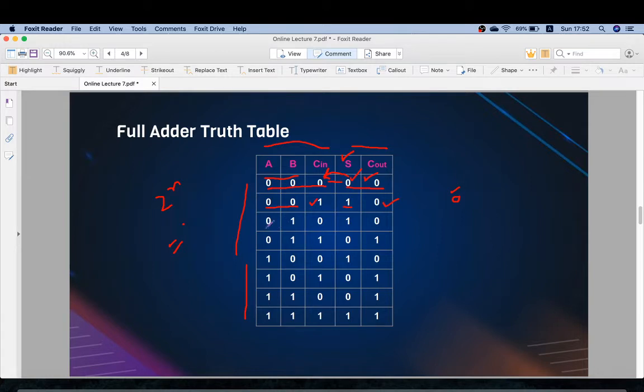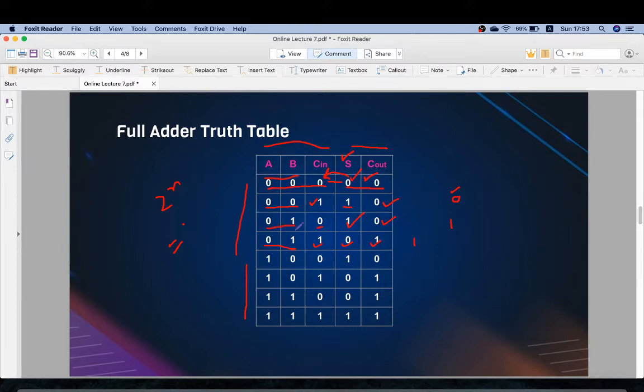Now we start from here. 0 plus 1 is 1, and this 1 plus 0 is 1. And what is the carry? 0, because no remaining variable. 0 plus 1 is equal to 1, and 1 plus 1 is equal to 0, but we have 1 carry.